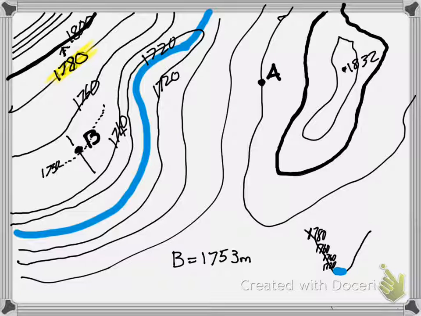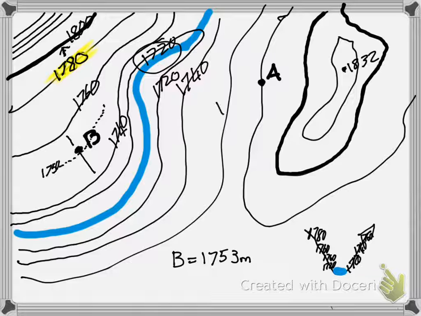Then we got to the river. Do you see there's our last 1720. Now we're on the other side of the river, 1720, and now it's going up again. So you'll get 1740, 1760, 1780. Do you all understand? So that's our 1740.